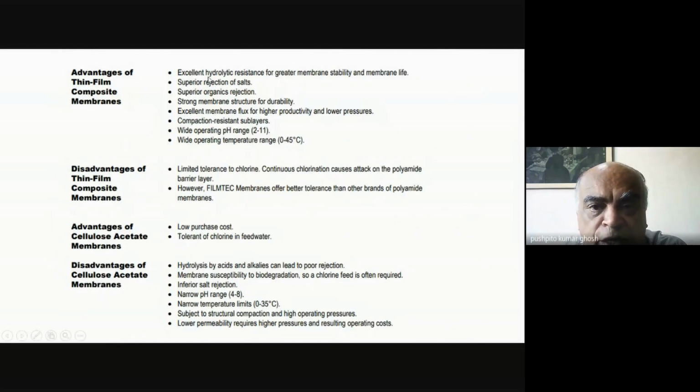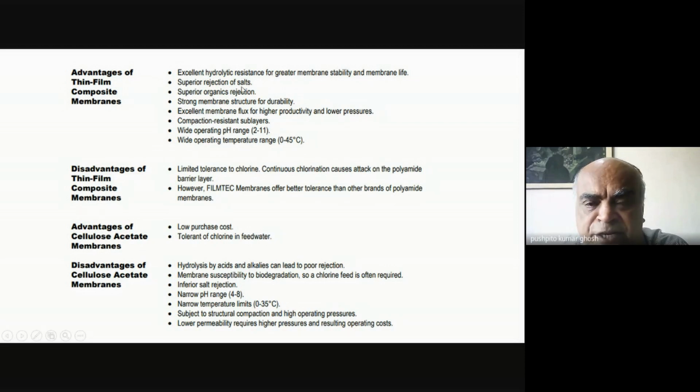So the hydrolytic stability was much better, and this could withstand pH ranges of something like maybe 3 to 11. Whereas with the other one, you had a much narrower range of stability of the polymer. So you can imagine what a huge thing it was.